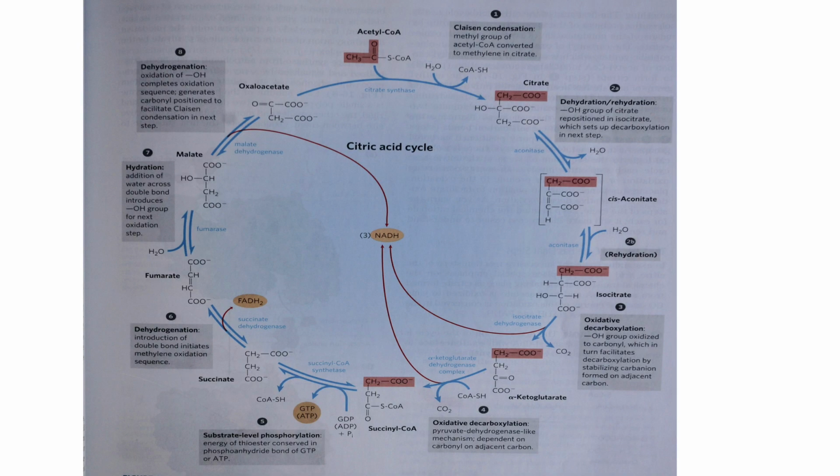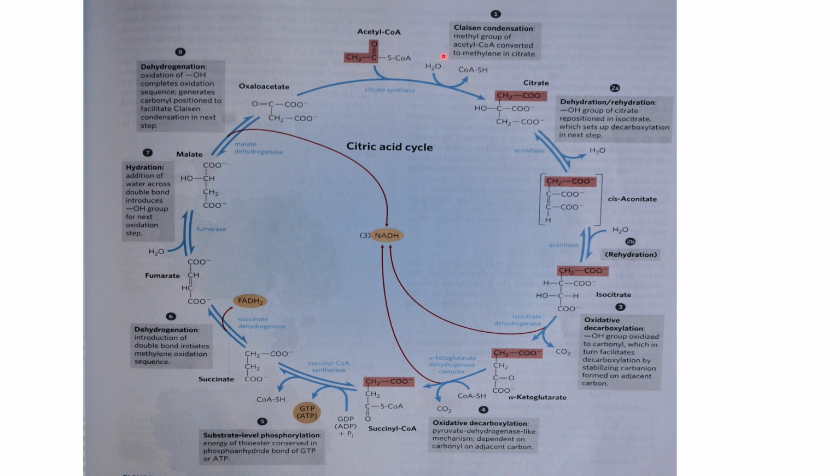So when we look at the citric acid cycle, we have acetyl-CoA up here with the CoA component right here, and we have what's called a Claisen condensation, where the methyl group of the acetyl-CoA is converted to methylene in citrate, which is right here.